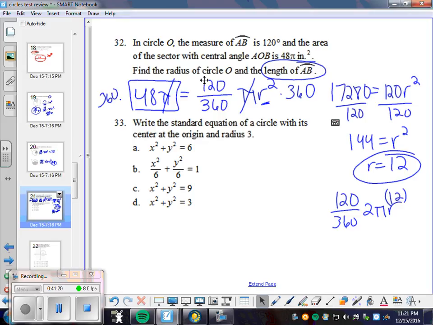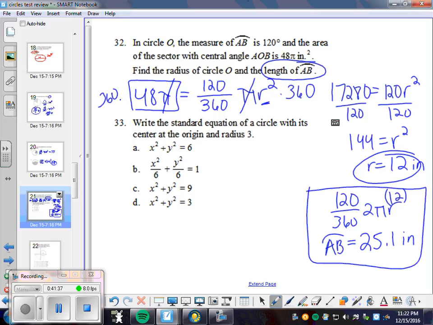I'm just doing all my math together. So that would give me 25.1 inches. And this was 12 inches. Okay, so this is the arc length. So I wanted you to find the radius and then use that to find your arc length.